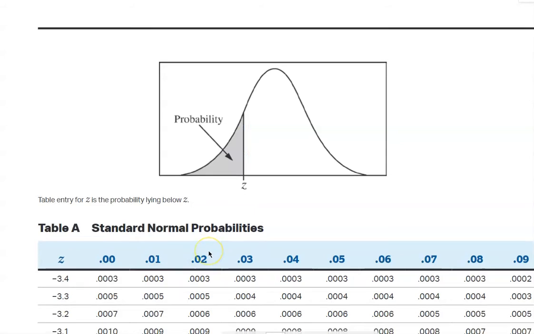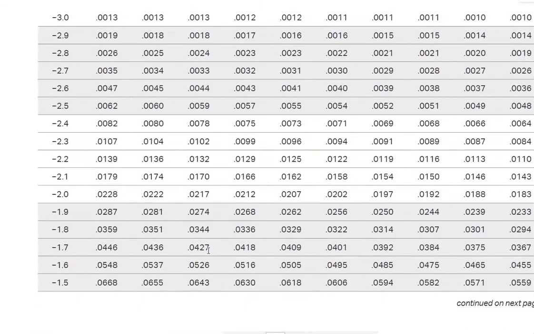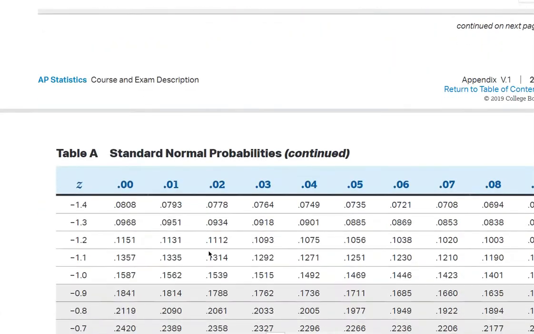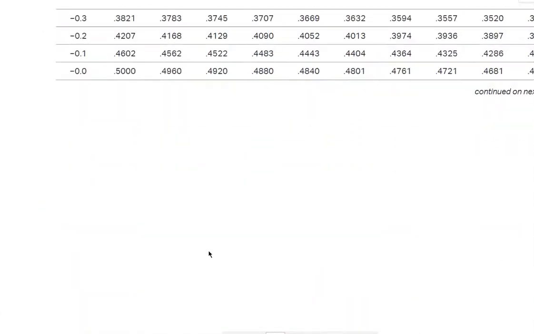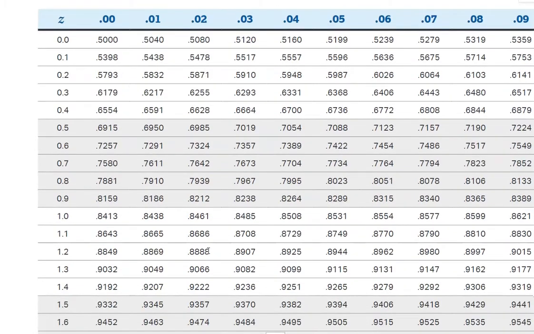I have my table A up, and I have it zoomed in, and I'm looking for a z-score of positive 0.57. So I keep scrolling, looking for positive 0.57. All right, here's 0.5, so I'm going to go over to the right until I get to 7, and I see that it's 0.7157.